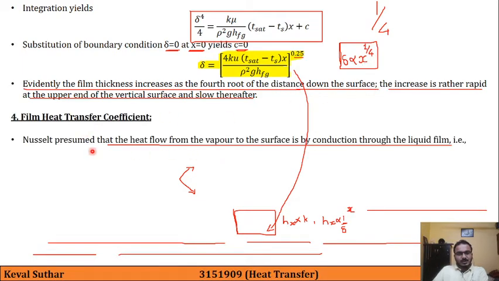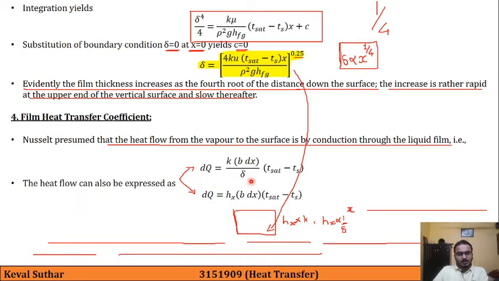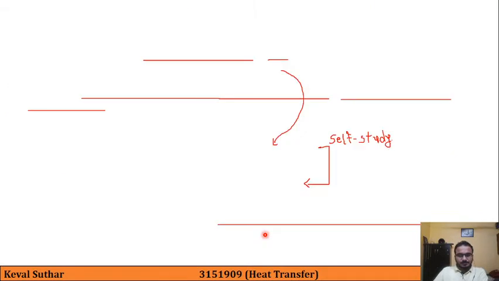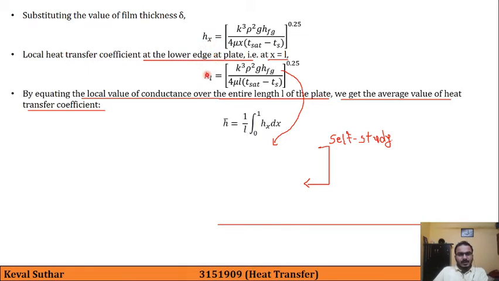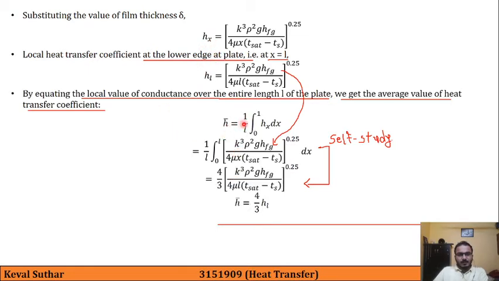The last was heat transfer coefficient, for which we used Fourier's law and Newton's law of cooling. So we obtained that hx is equal to k upon delta. So the heat transfer coefficient is inversely proportional to the thickness. Then we obtained the value of hx, and we also obtained the value of average heat transfer coefficient, that is 4 by 3 hL.